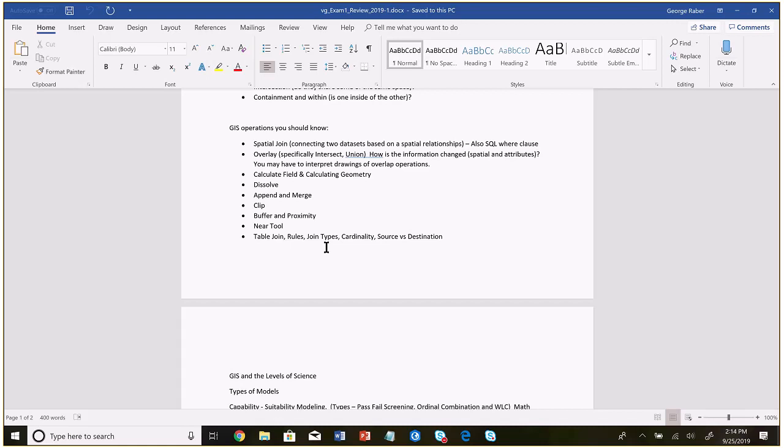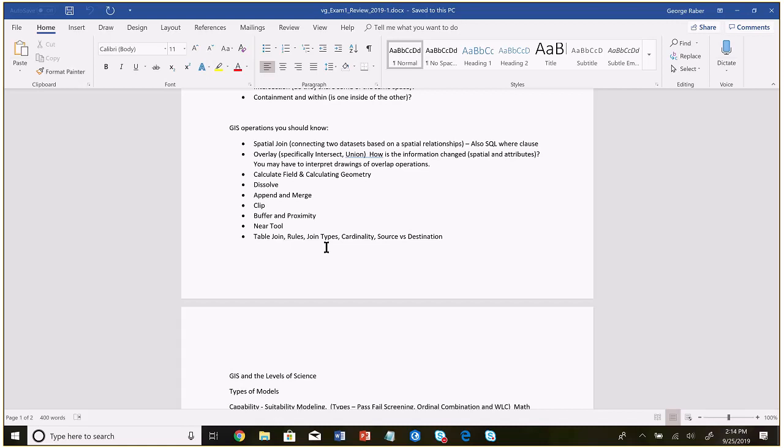So for a spatial join operation, and actually for any join operation, you've got a table that is receiving the data. That's usually called the target data set, or the destination sometimes. The target or the destination data set. And then you've got the other data set that is sending the information.